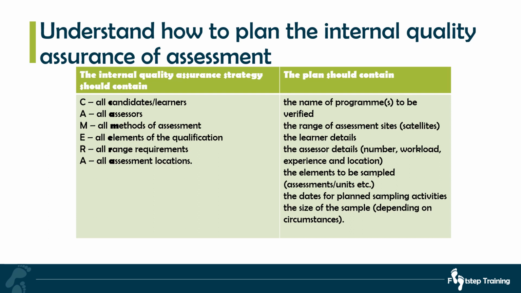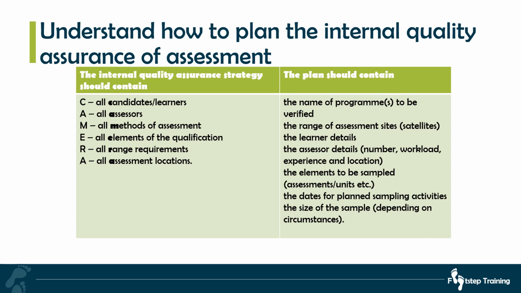The plan should also contain the name of the programmes that your organisation is working with that you need to quality assure, and the range of assessment sites, known as satellite sites or satellite centres, especially if you're working with an organisation that works across a wide variety of centres and locations.